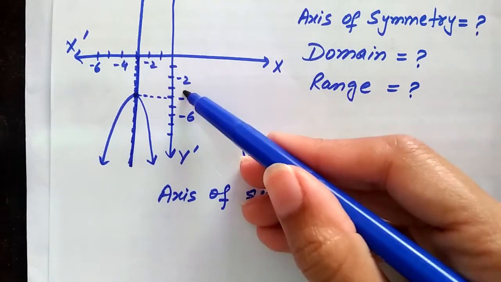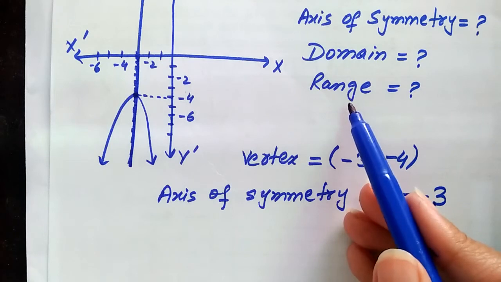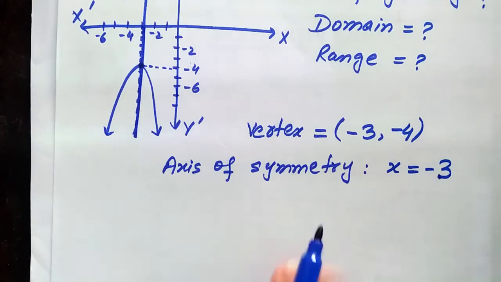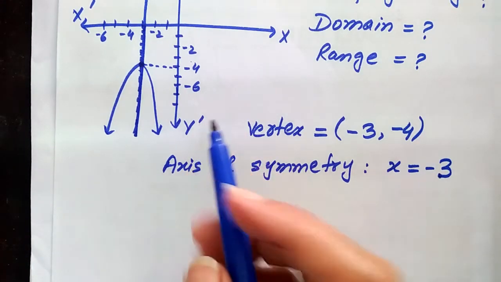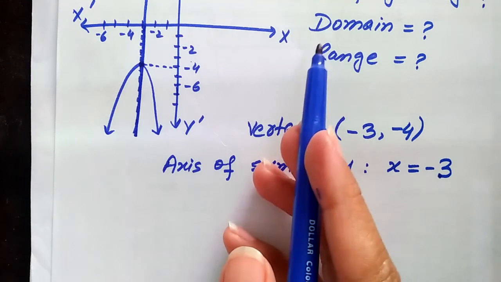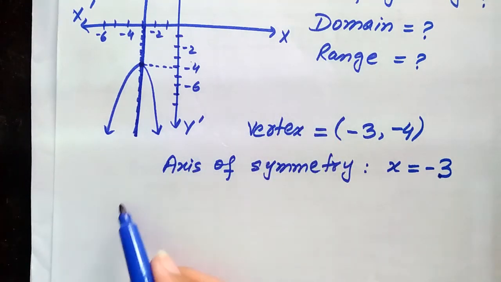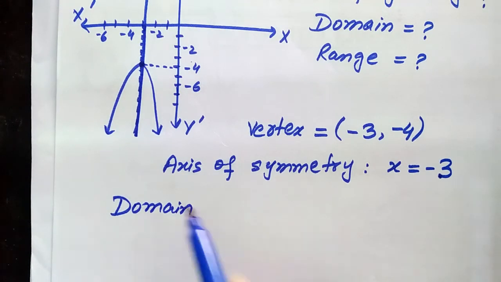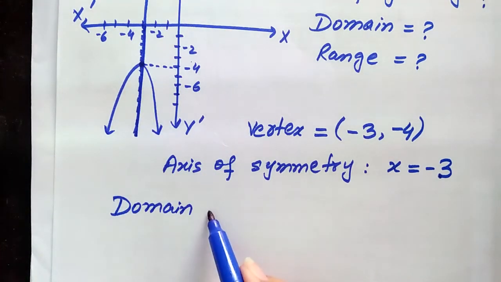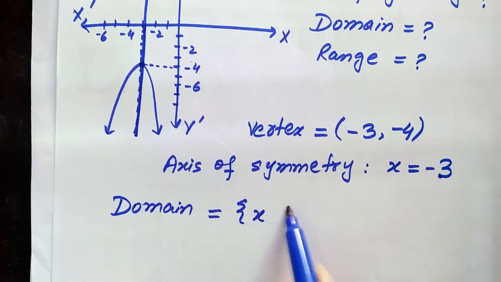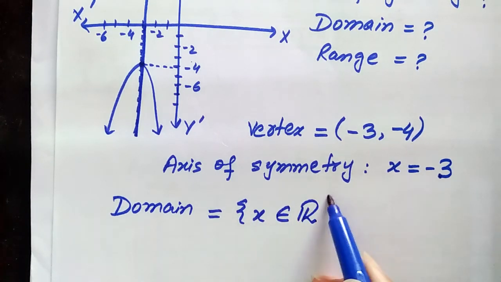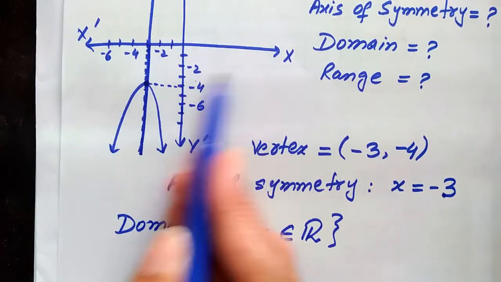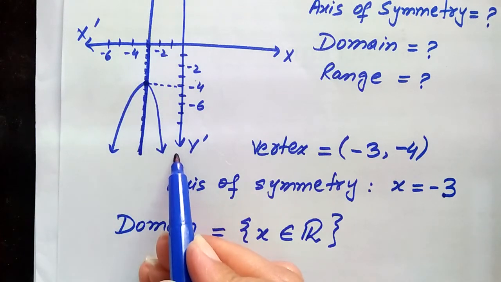For a parabola, being a quadratic equation, the domain will be the whole real line. X belongs to the whole real line. We can use all the values on the x-axis to draw this parabola.